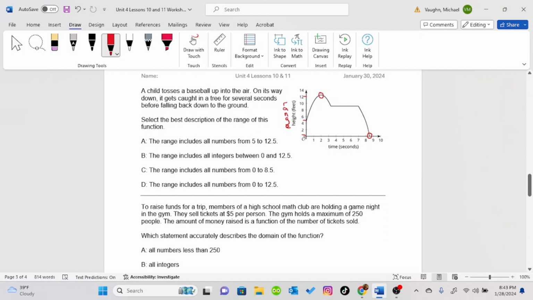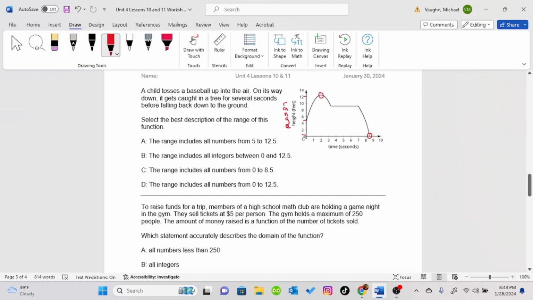And we need to think about the context. This range is measured by height in feet. It is possible to have partial feet. That ball is going to hit every measurement on the way up and every measurement on the way down. That's why this has a solid line.